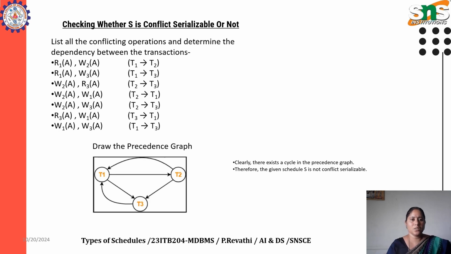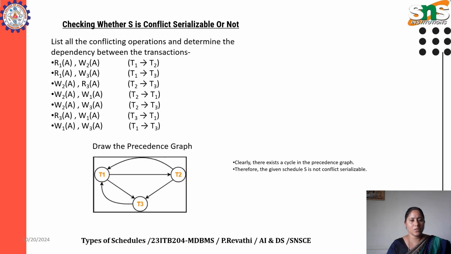R1 of A, W2 of A, that means T1 to T2. Then R1 of A, W3 of A, T1 to T3. W2 of A, R3 of A, T2 to T3. W2 of A, W1 of A, T2 to T1.